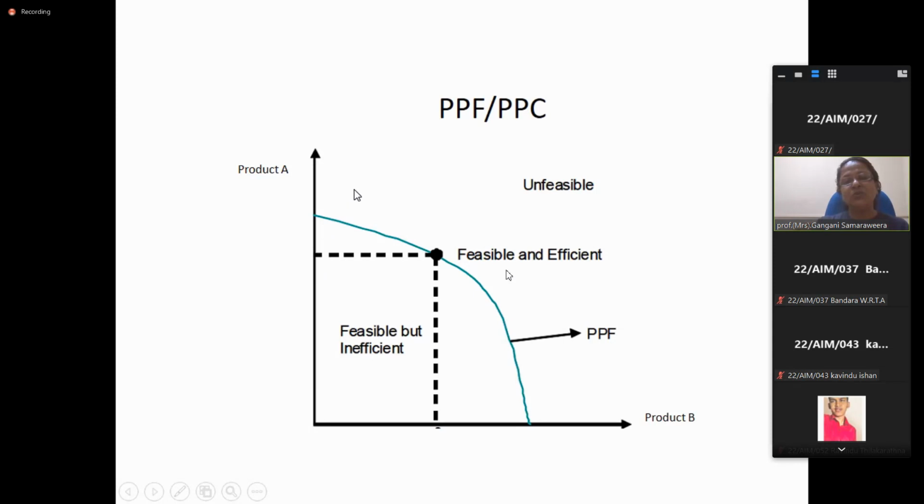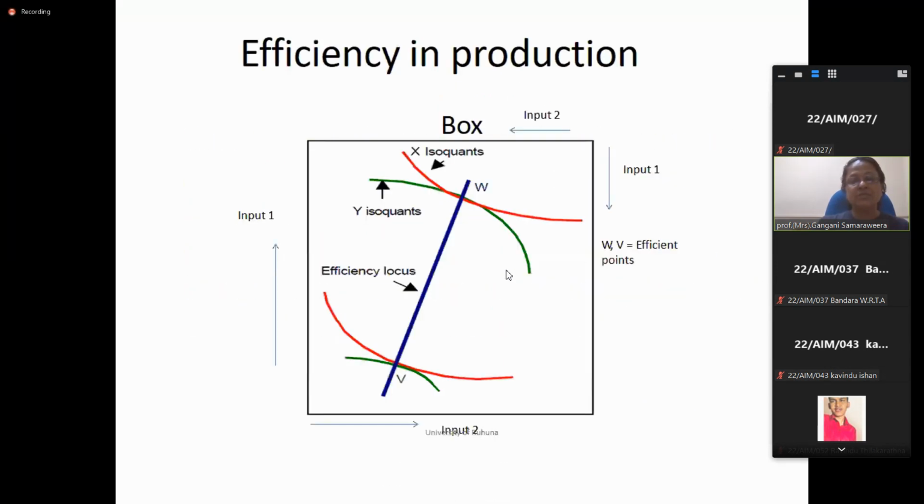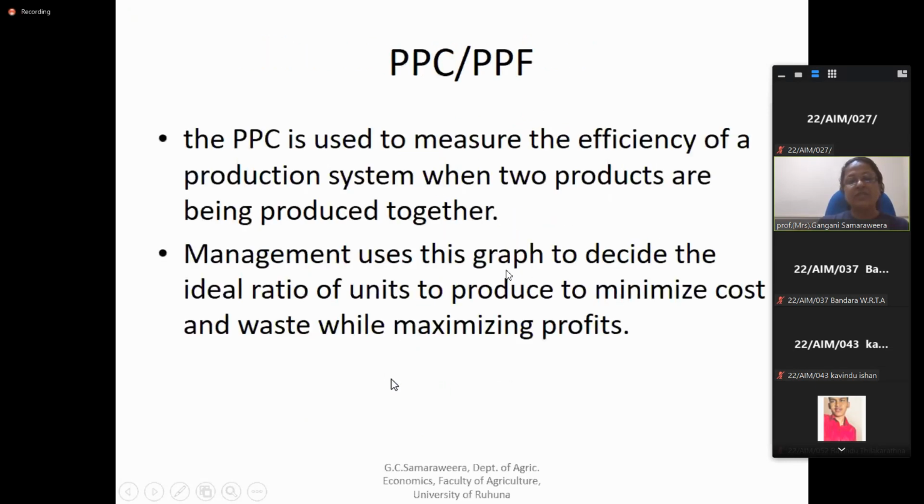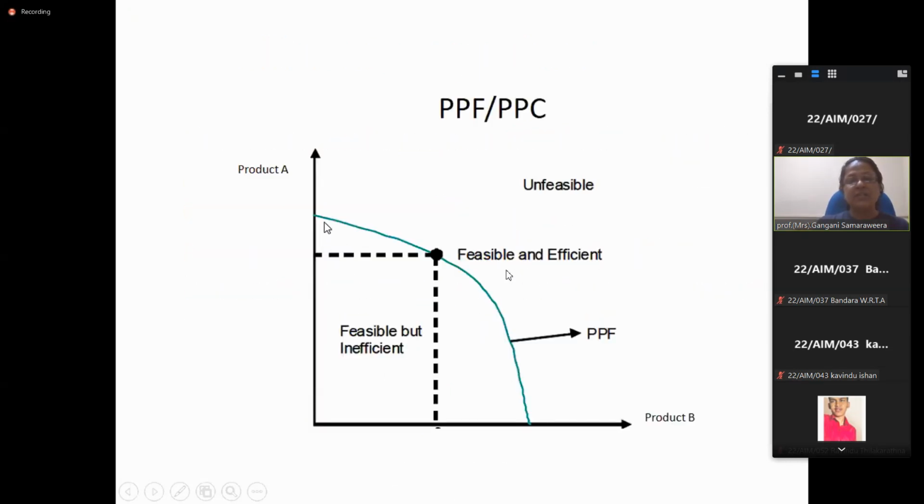We produce 2 products, we use 2 inputs, and we got efficient points. After combining these points, we can draw the production possibility frontier by using those inputs to produce these 2 outputs. Okay.